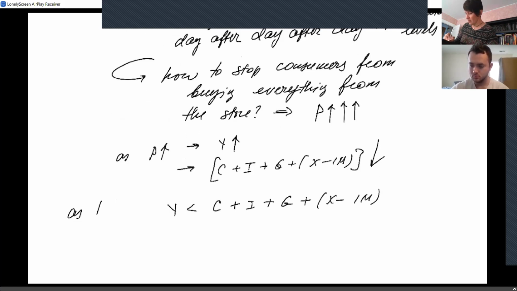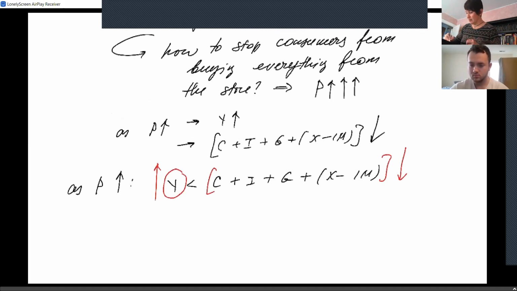Okay, as price increases, the left-hand side number is going to start increasing. It used to be too low, but now it's going up. The right-hand side number starts dropping. It used to be too high. Now it's shrinking.